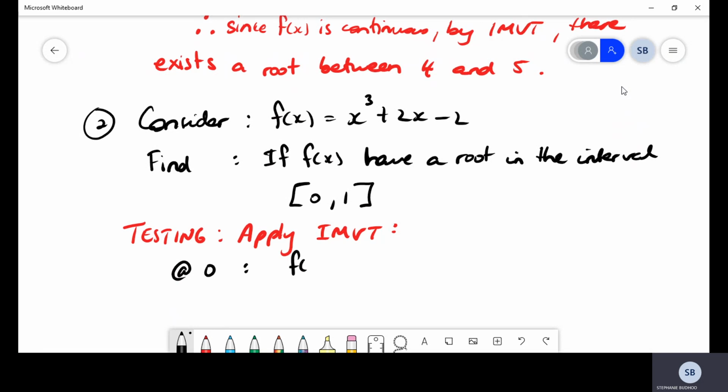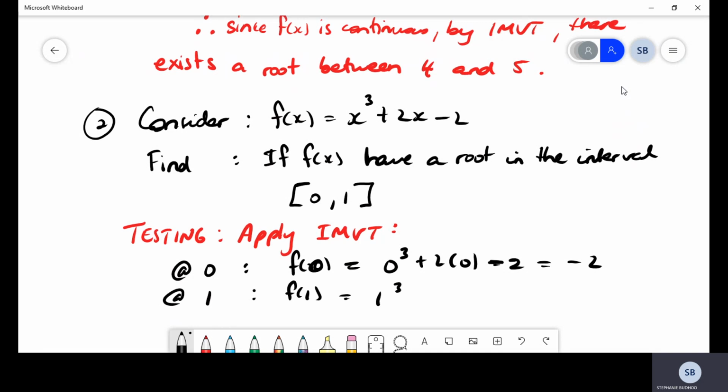We would get our function, that's just negative 2. Also, at 1, that's 1 plus 2 is 3 minus 2 is 1.